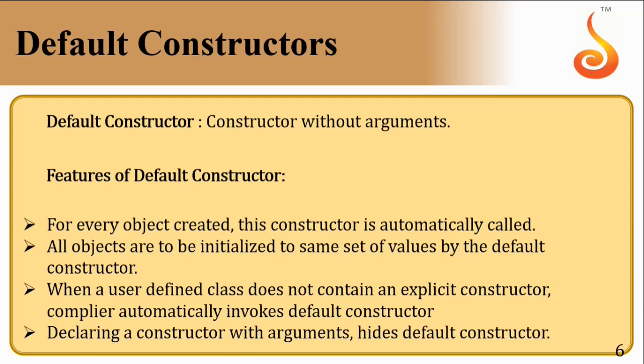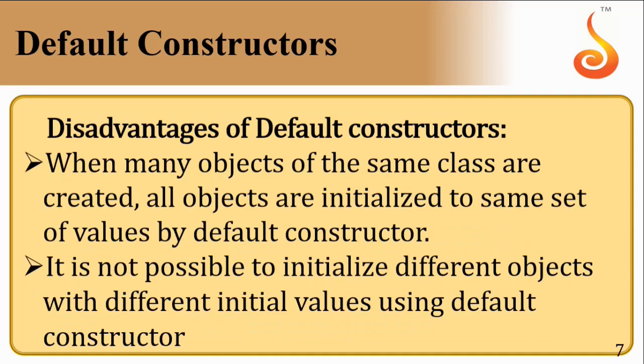If I don't pass any arguments, even though there is one parameterized constructor, then the default constructor gets invoked. Declaring a constructor with arguments hides the default constructor. That is, when I have a parameterized constructor and I am passing arguments, it hides the default constructor.